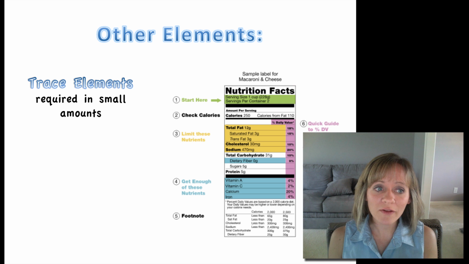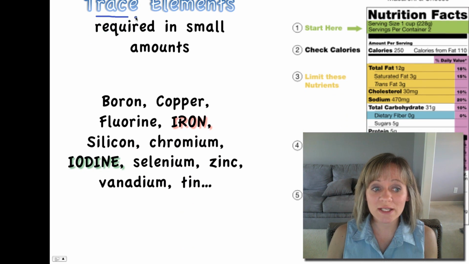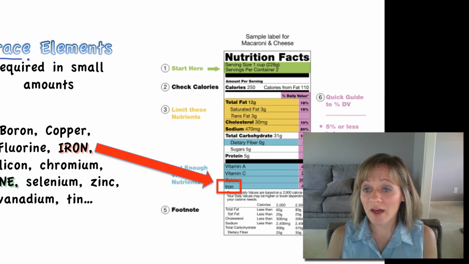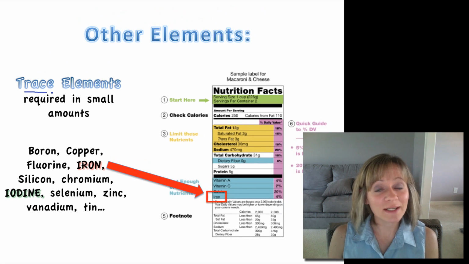Okay, now there are other elements that are required, but they're only required in small amounts, so we call them trace elements because they're required in small amounts. So some examples of trace elements: boron, copper, fluorine, iron, and iron is actually something you often see fortified like in cereals, so you look for that on your nutrition label. Iodine is another one. Go to your cabinet and get out your salt.